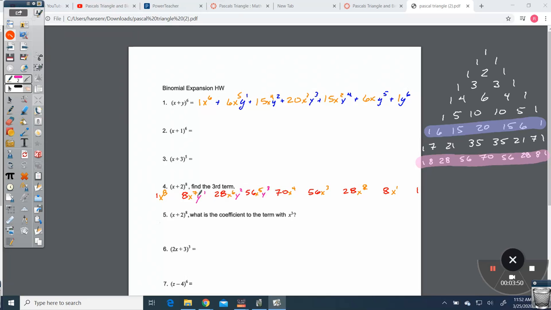Oh, but those aren't y's, those are 2's. So it doesn't do me any good to put y's there because they're not y's, they're 2's. So let's replace that y with 2. So 2 to the 1 power, 2 squared, 2 cubed, 2 to the 4th, 2 to the 5th, 2 to the 6th, 2 to the 7th, 2 to the 8th.